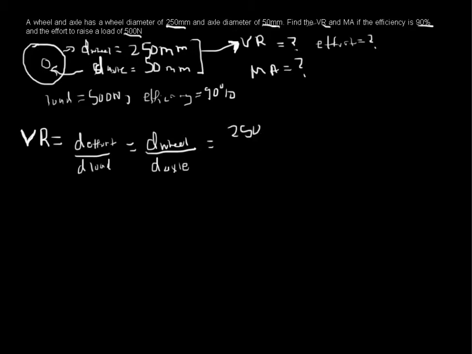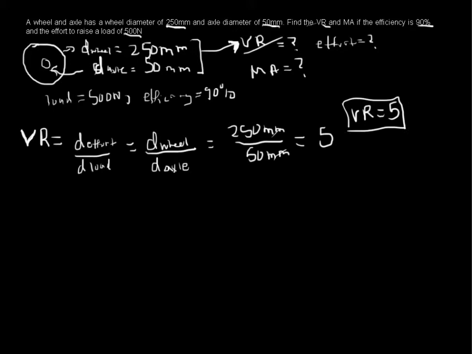So 250 millimeters over 50. You want them to have the same units. You can convert both to SI meters, but since they're in the same units, you might as well just leave them in millimeters. So 250 over 50 is just 5. So velocity ratio will be 5. We're done with that.